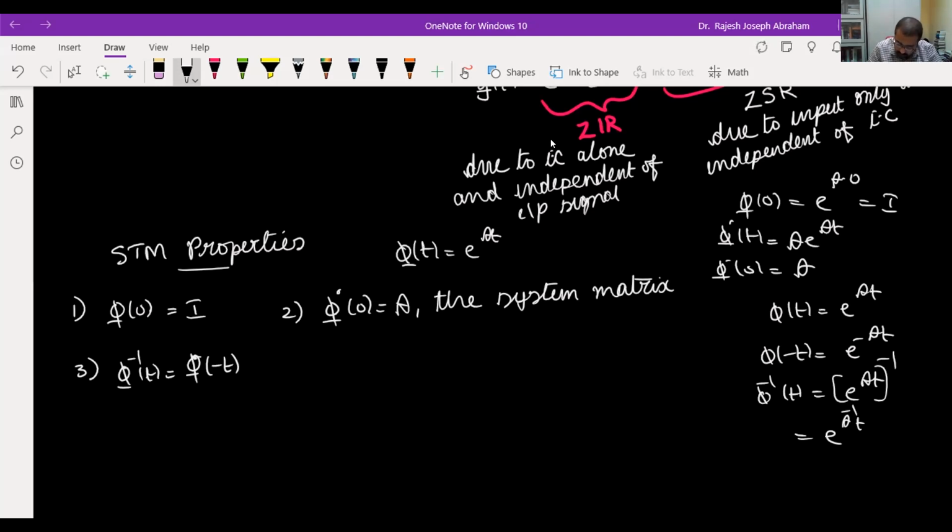So phi of t is e raised to at, and this can be written as e raised to at, (e raised to minus at) whole inverse, or this means (phi of minus t) whole inverse.